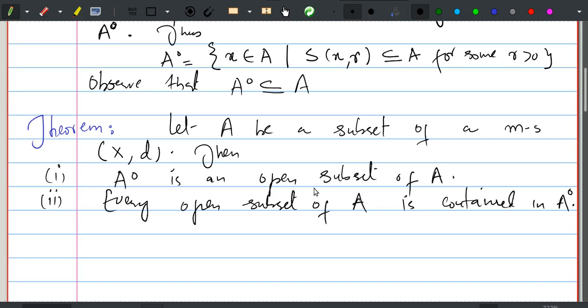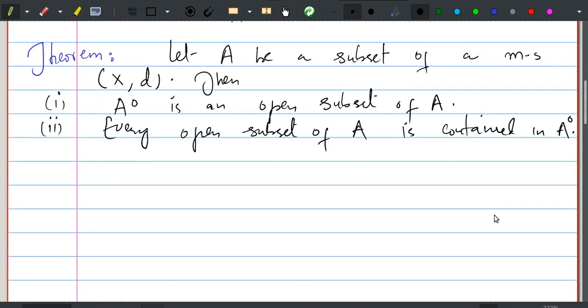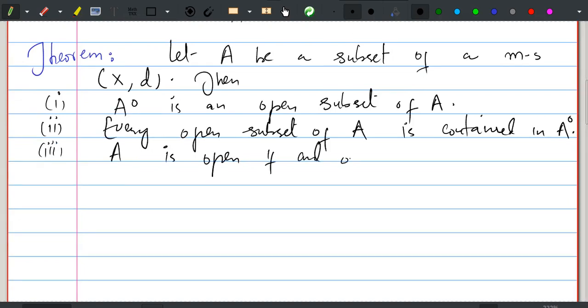In other words, A interior is the largest open subset of A. And finally, we prove A is open if and only if A is the same as A interior.